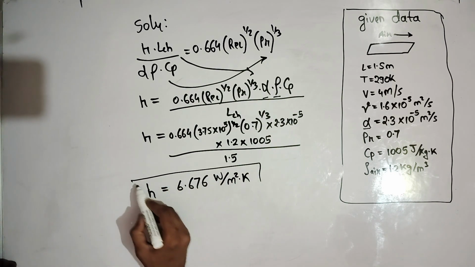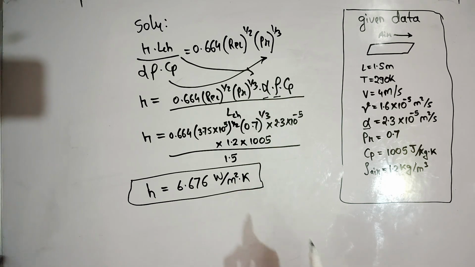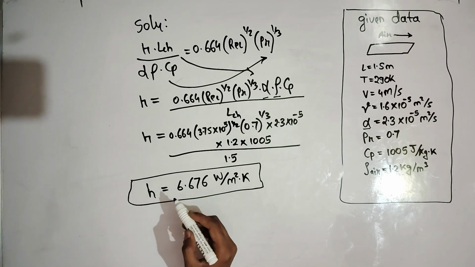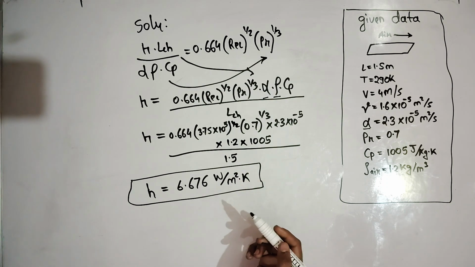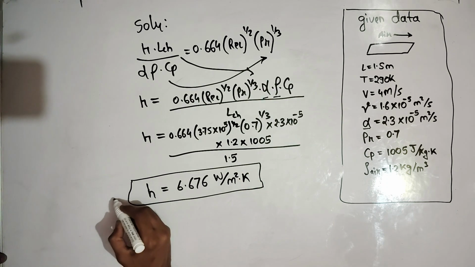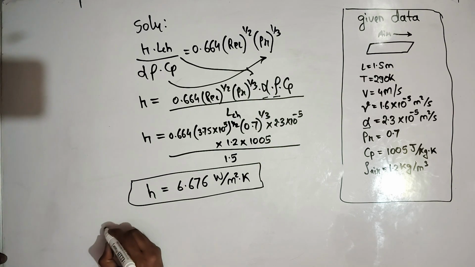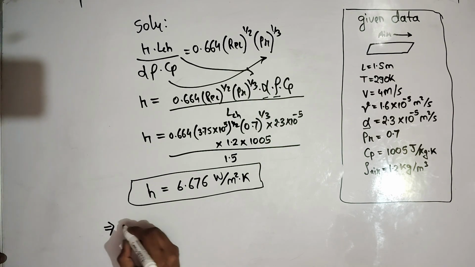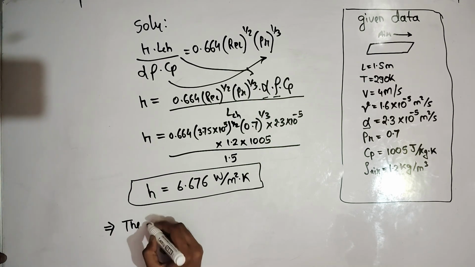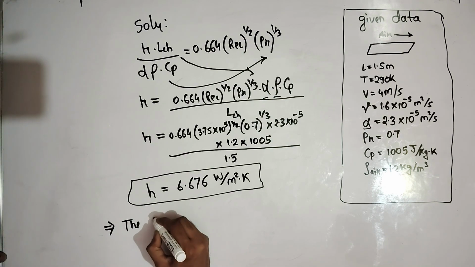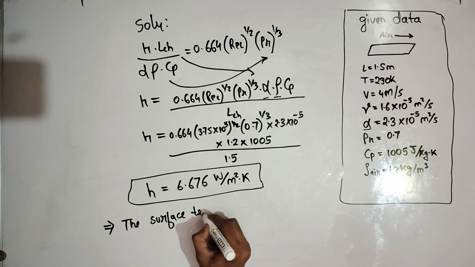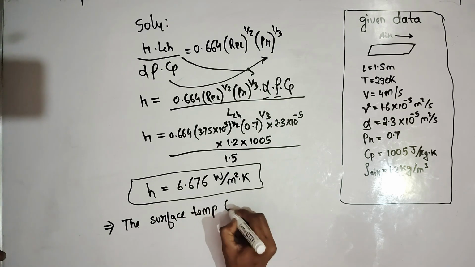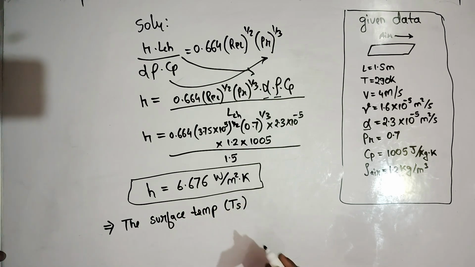So this is the heat transfer coefficient that we get after solving the equation. So this is the answer of part A. And the second thing that they are asking is, what is the surface temperature, Ts?